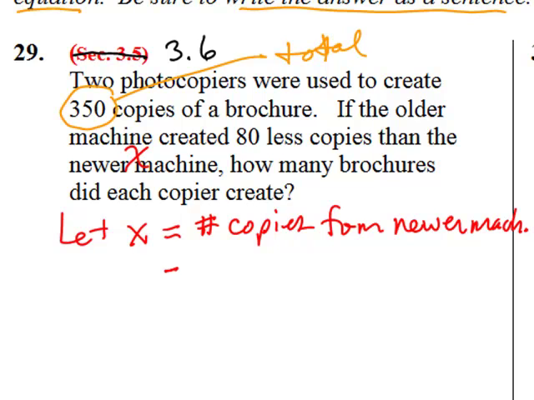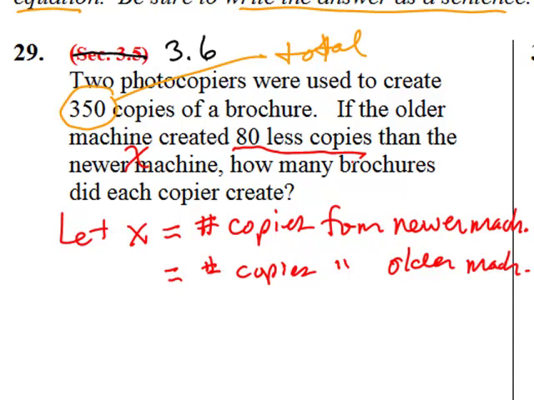And that means that our other unknown is the number of copies from the older machine. And we have to figure out what that is going to be. The older machine created 80 fewer copies. That means we have however many the first one created minus 80.